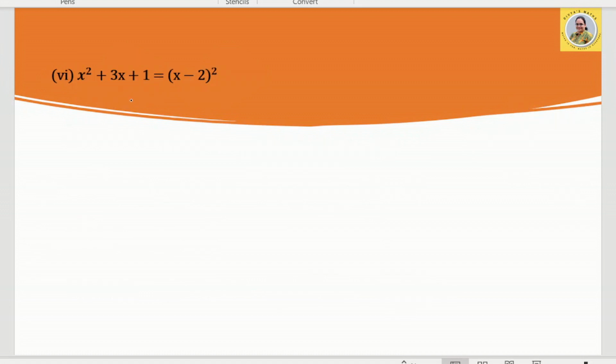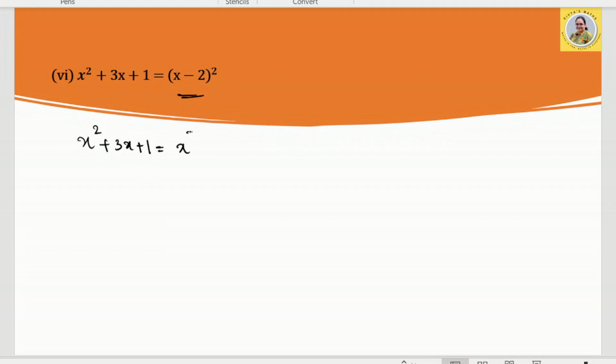Let us solve the next question. x square plus 3x plus 1 is equals to x minus 2 whole square. So let us write LHS as it is, which is x square plus 3x plus 1 is equals to, here let us apply the identity, which is a minus b whole square.